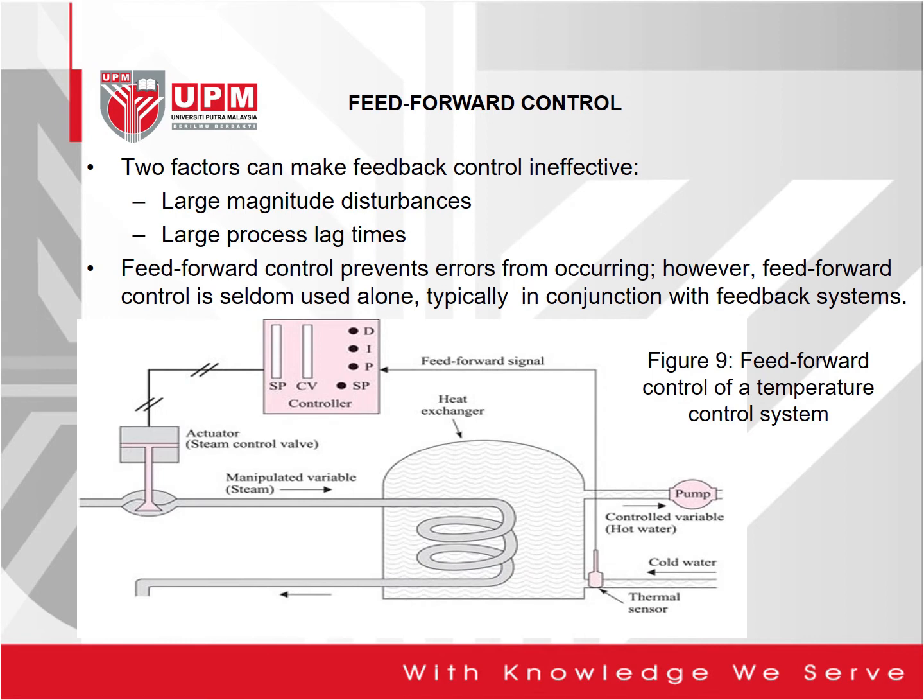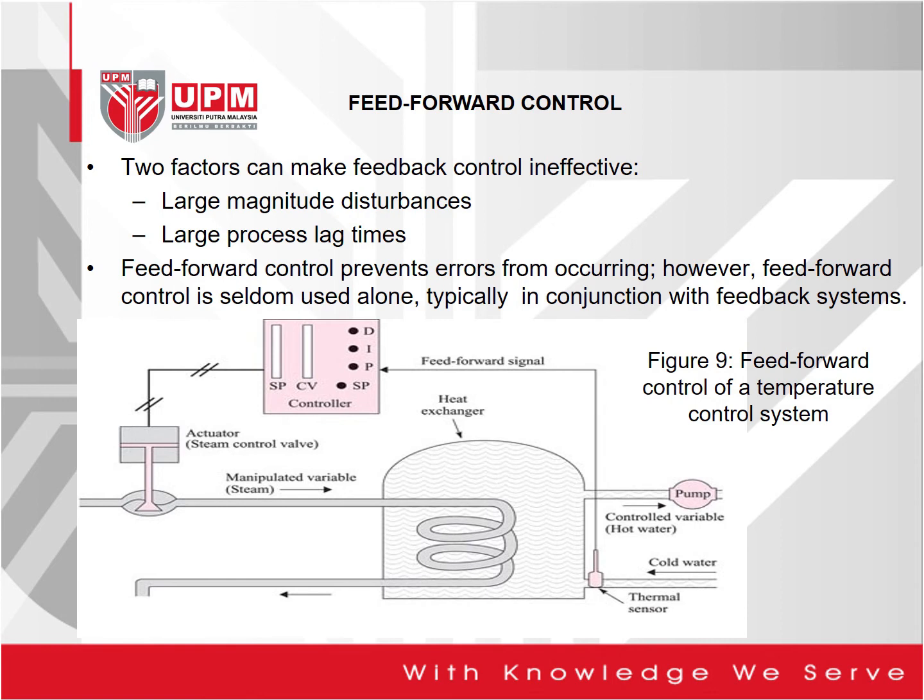After we finish the feedback signal, I introduce you to the feed-forward control. What is the difference between feed-forward control and the feedback signal? Two factors can make feedback control ineffective.